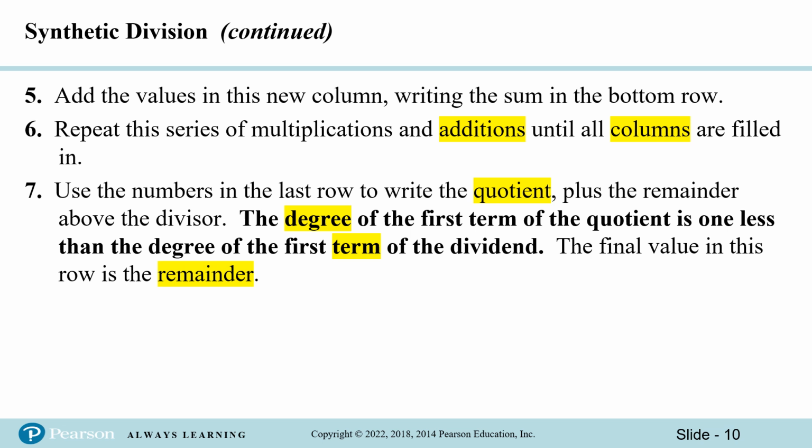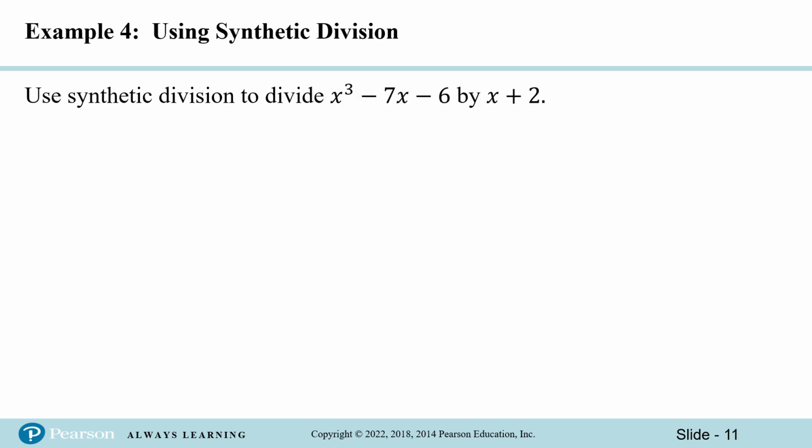First thing we want to do is we're dividing by x plus 2, but with synthetic division, instead of the factor x plus 2, what we want is the 0. X equals negative 2. This is what I'm going to use.